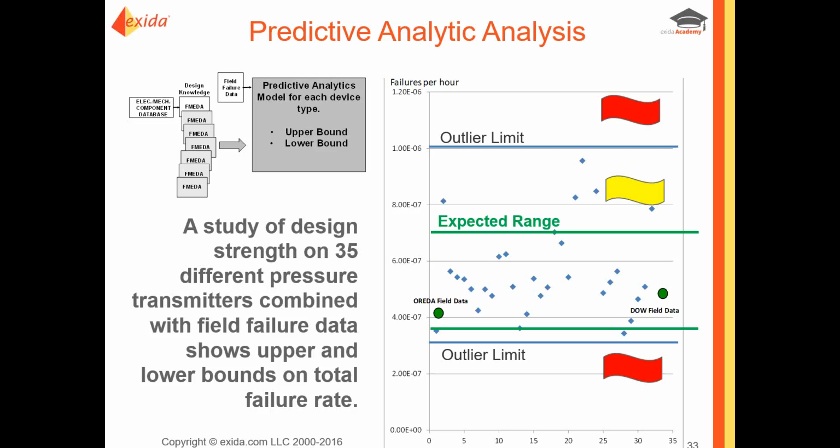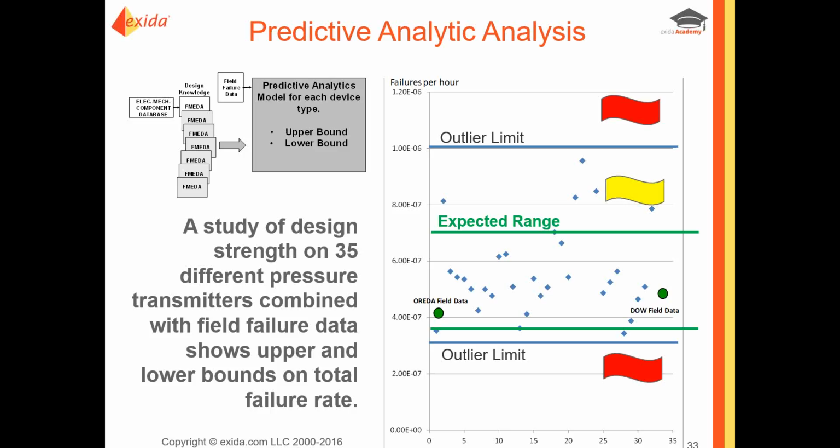Now, it's also possible that the number could be within the outlier limits. For example, some inexpensive pressure transmitters just don't have much in the way of protection, and therefore they have a much higher failure rate. And that becomes very clear when you study the designs and the details of the design.